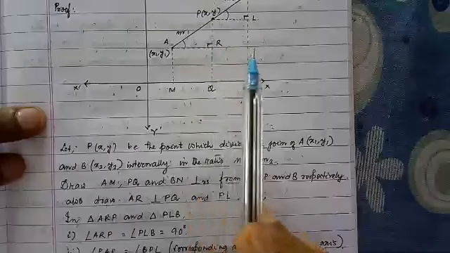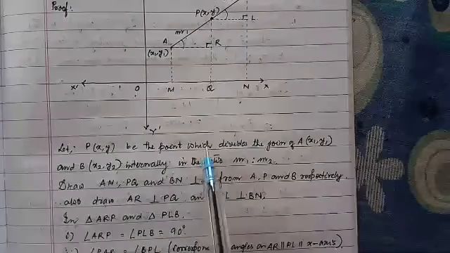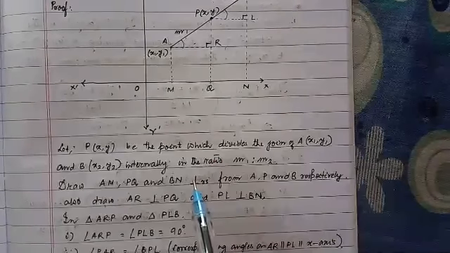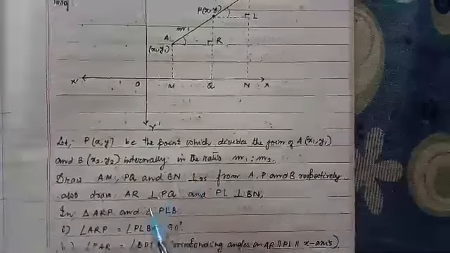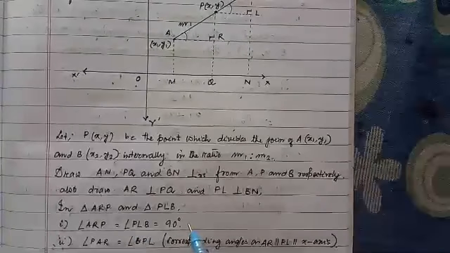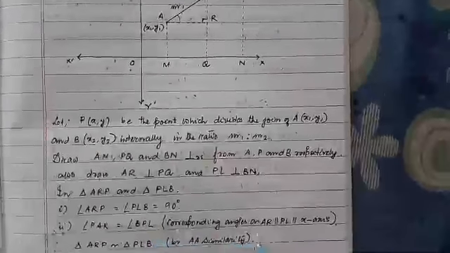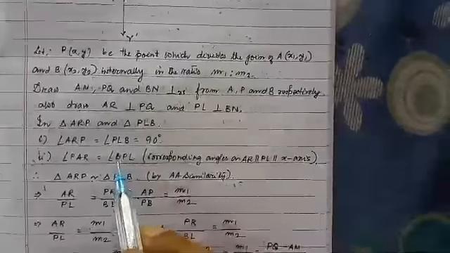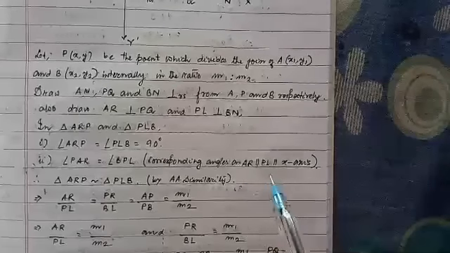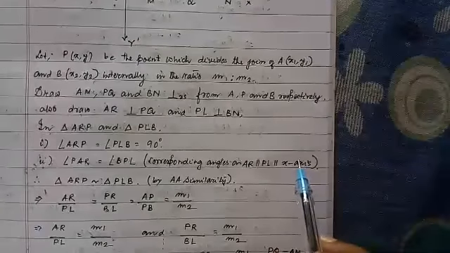Therefore in triangle ARP and triangle PLB, we have angle ARP is equal to angle PLB is equal to 90 degrees and angle PAR is equal to angle BPL, corresponding angles as AR is parallel to PL, parallel to the x-axis.